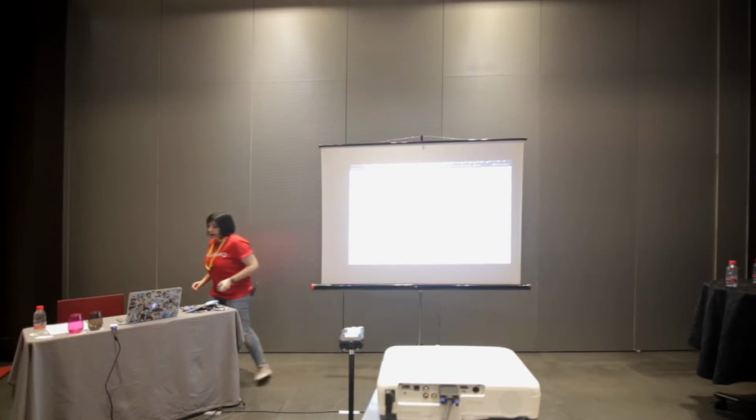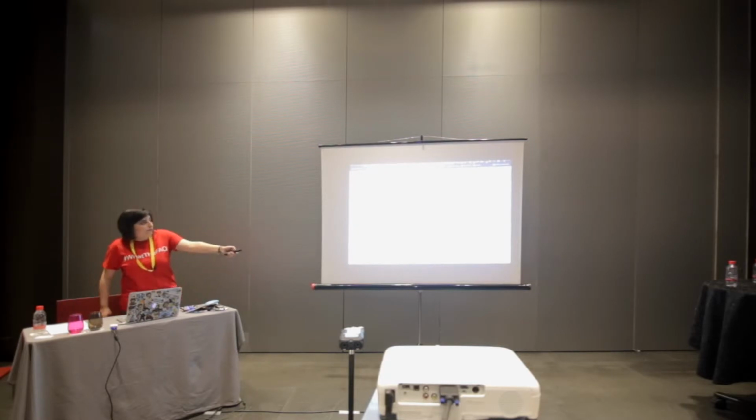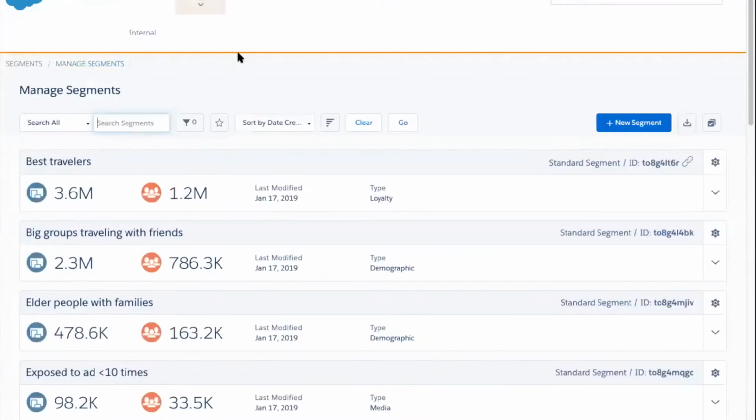Then once we are sending this information to the DMP, here is the main console of the DMP, and basically what we can see here is individual people in the segment and the devices corresponding to these people.